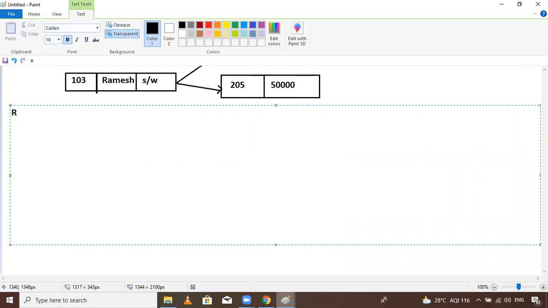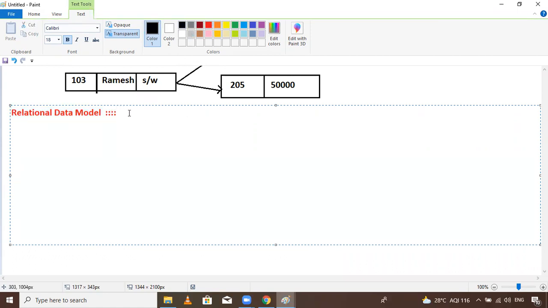Relational data model. Listen carefully. After that, you can pause the video and write this point.